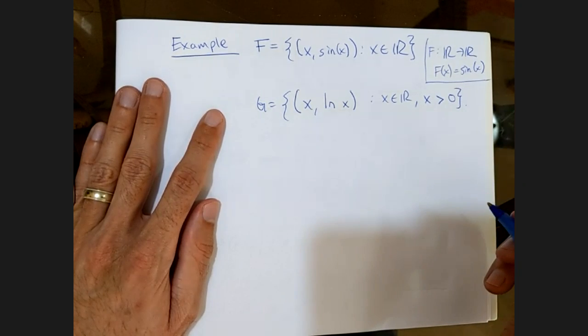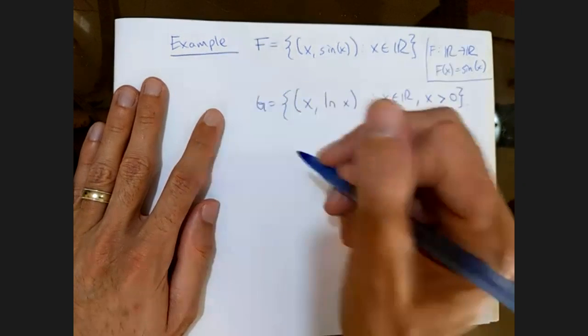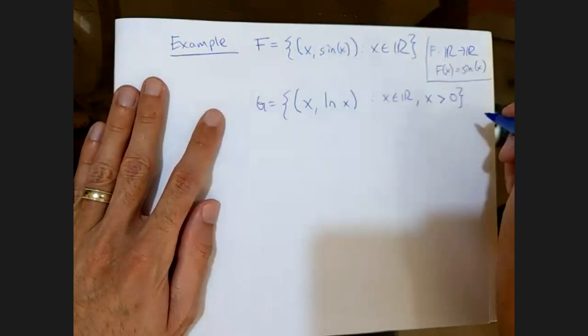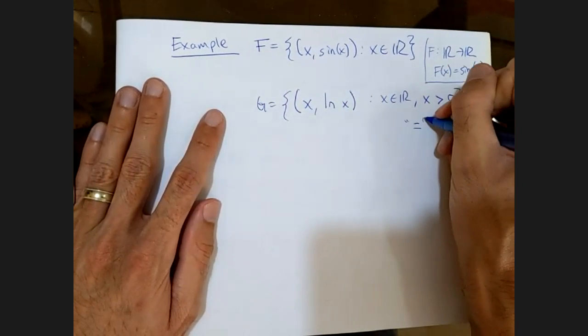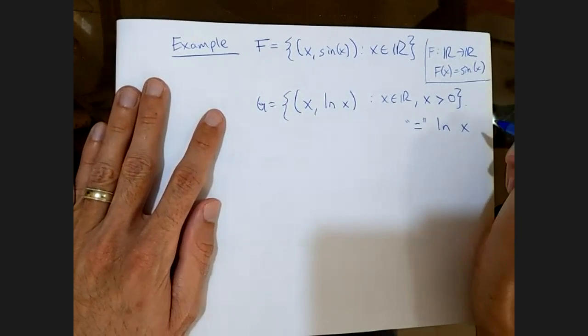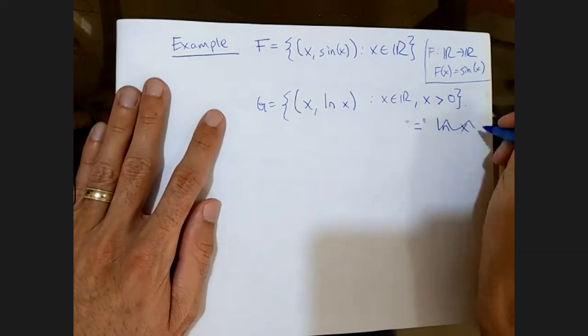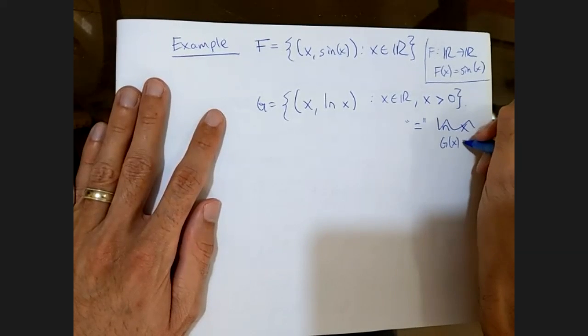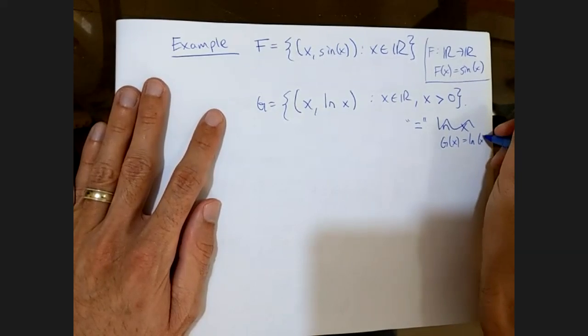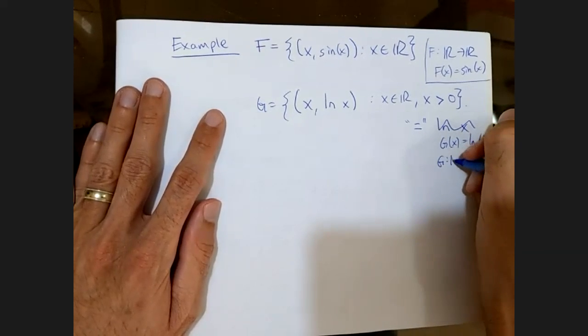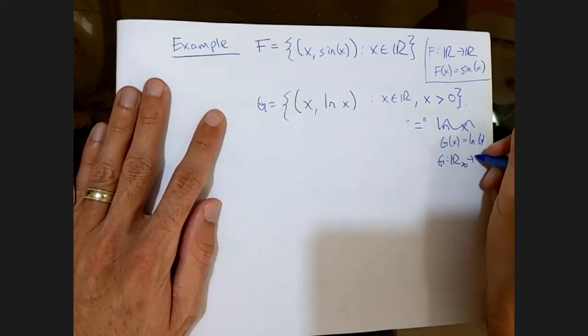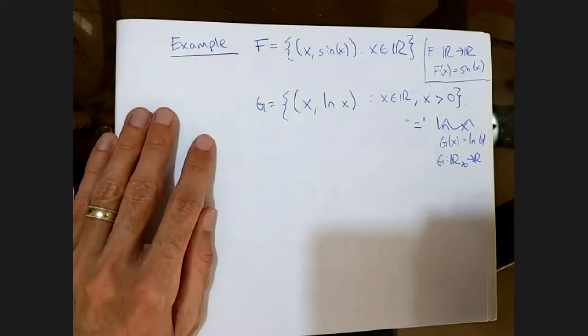So this is the natural logarithm function. So g of x equals natural logarithm of x. The g goes from the positive reals to R. Okay.